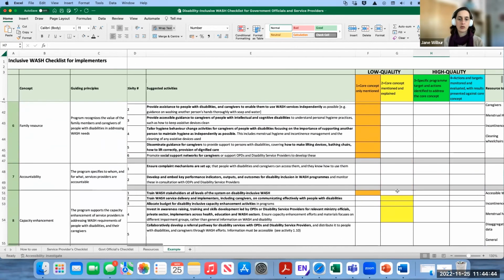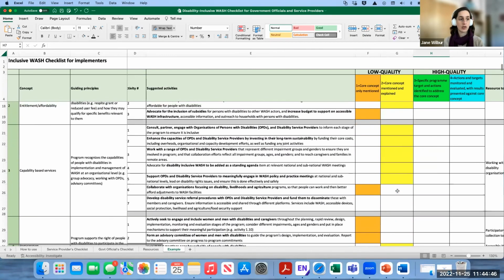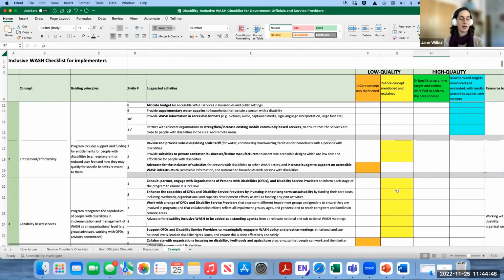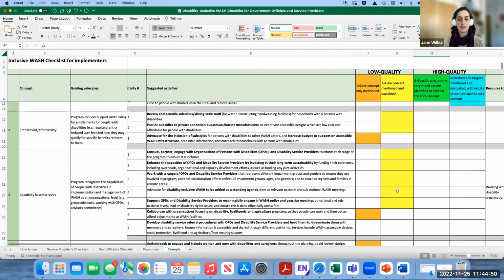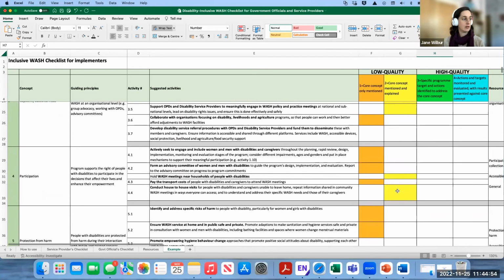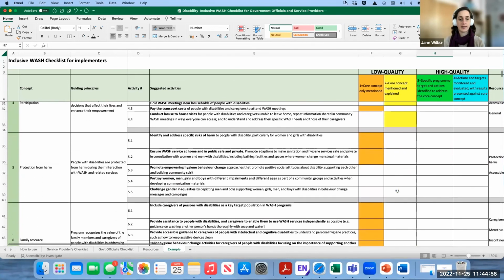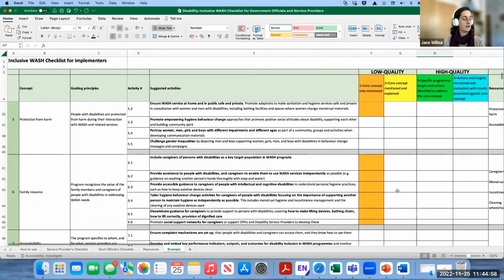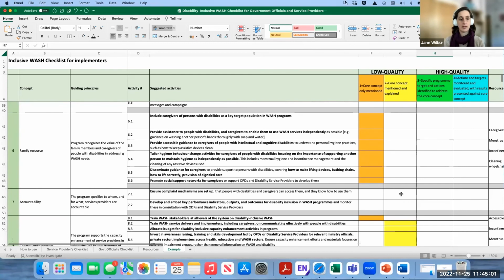Now the document scores low quality across entitlement and affordability, capability-based services, participation, protection against harm, family resource. It doesn't receive any mention of accountability. That isn't mentioned at all in the document.